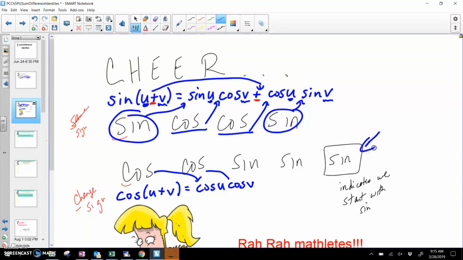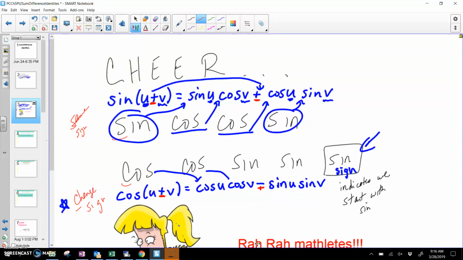Now the last sine on there is actually the one that reminds me to change the sign with cosine. So cosine, since I started with a plus here, I actually switched to the minus. And then it's sine u sine v. So because I switched the sign, if instead cosine had started with a minus, it actually switches to a plus.